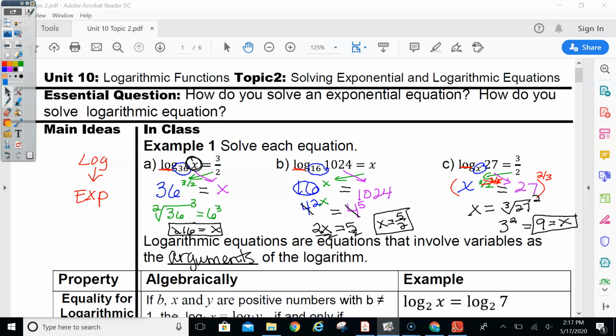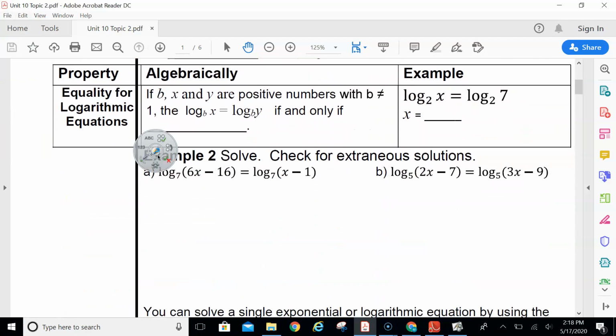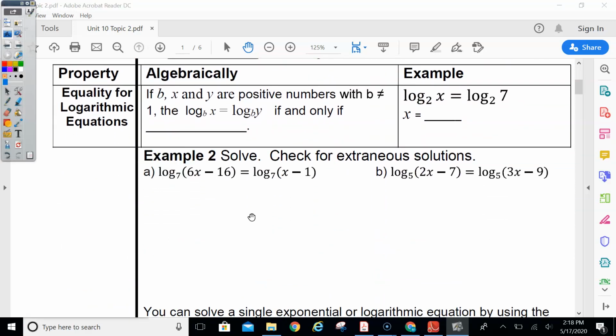So the first case, I call this case 1, which is the basic case, the easy case. These are pretty straightforward.